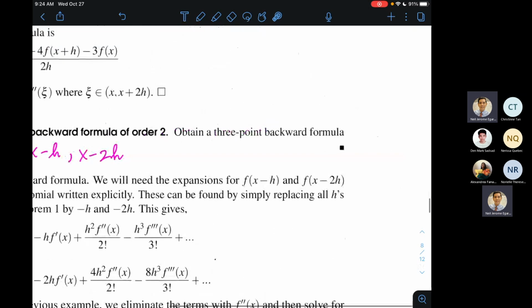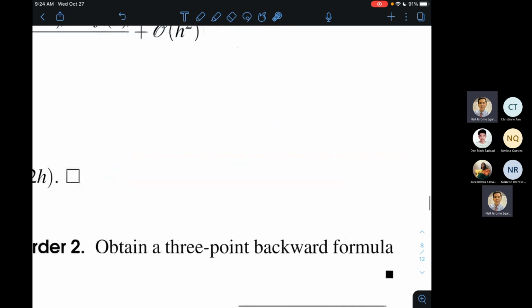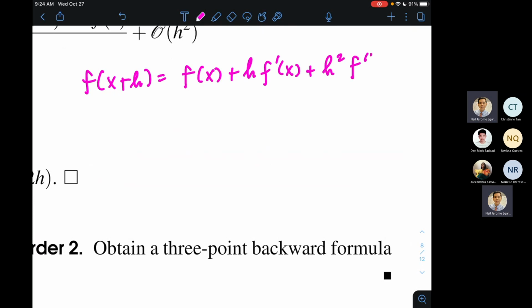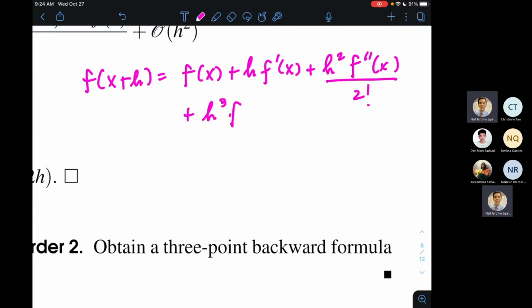Now, how do we get the expansion for those guys, knowing only Taylor's formula? From Taylor's, f of x plus h has the expansion f of x plus h f prime of x plus h squared f double prime of x over 2 factorial plus h cubed f triple prime of x over 3 factorial and so on.